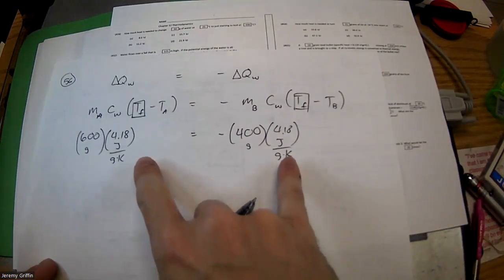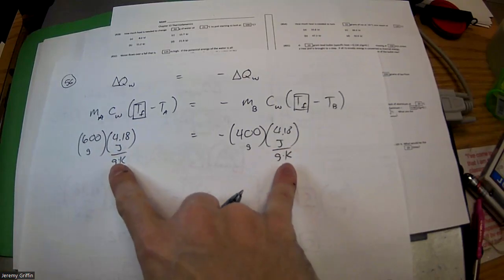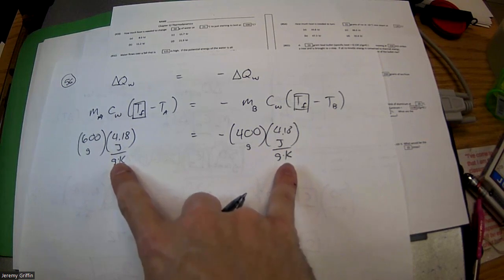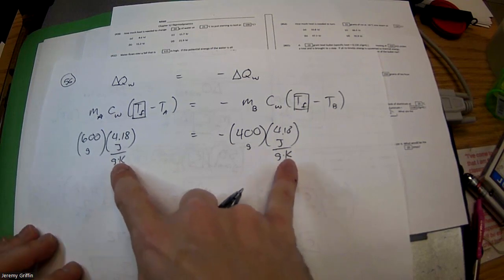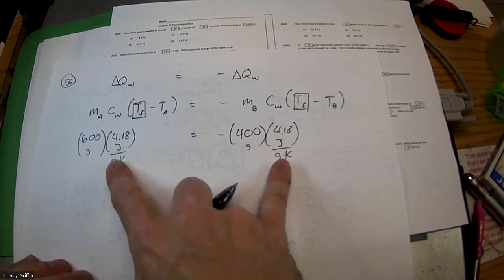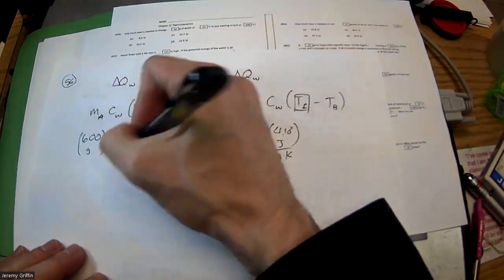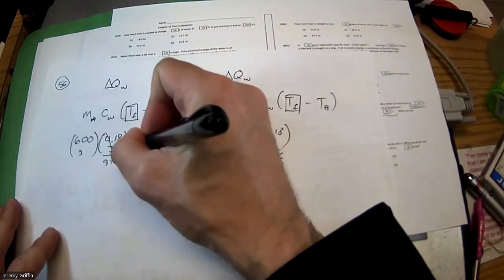But pause for a moment, because it's good to get a big picture of what's going on in terms of the physics variables. You guys remember last semester, sometimes things would cancel out. Often masses canceled out or gravity fields canceled out. Not all the time, but sometimes. In this case, you guys see that the fact that we're dealing with the same material, it could be any material, and the fact that it's the same C just cancels out anyway. So even if you didn't know that, it doesn't really matter. And then T final is what we're solving for.